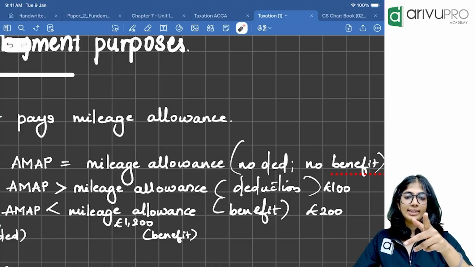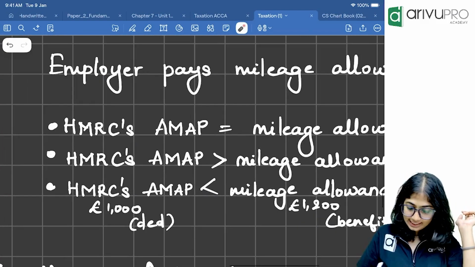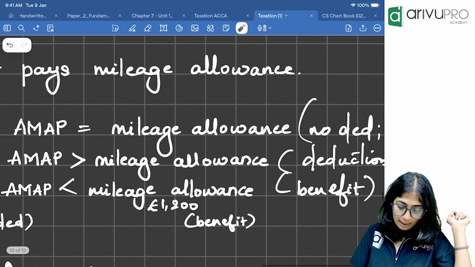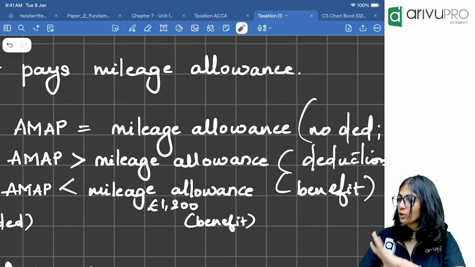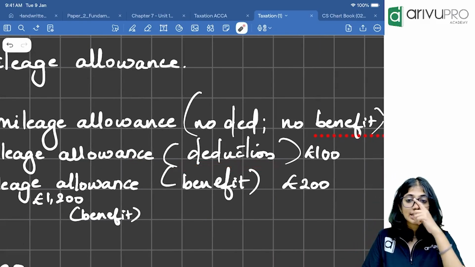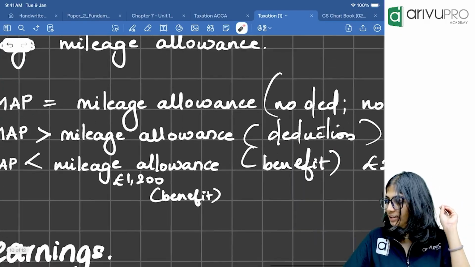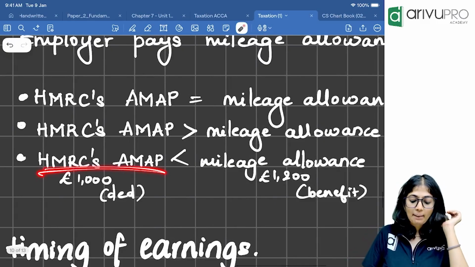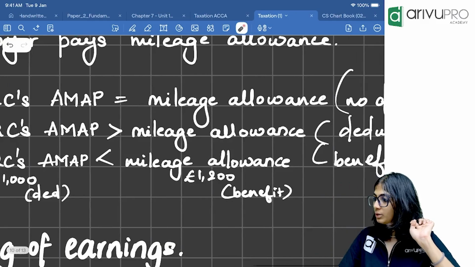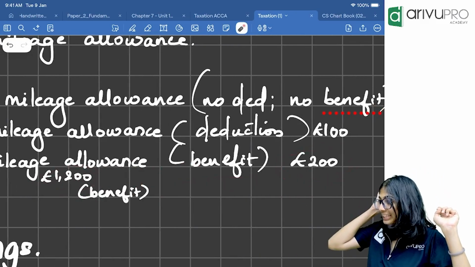You can't deduct anything. You can't have a taxable benefit either. Let's say according to HMRC's AMAP, you're supposed to have a bigger deduction, but the mileage allowance provided by your employer falls short. Then there will be a net deduction. That is, the remaining amount not covered by the employer's allowance will be deducted. Let's say HMRC's AMAP is less than the mileage allowance. That is, the employer paid you more than you were supposed to. Then the excess amount, the £200, will be a taxable benefit.